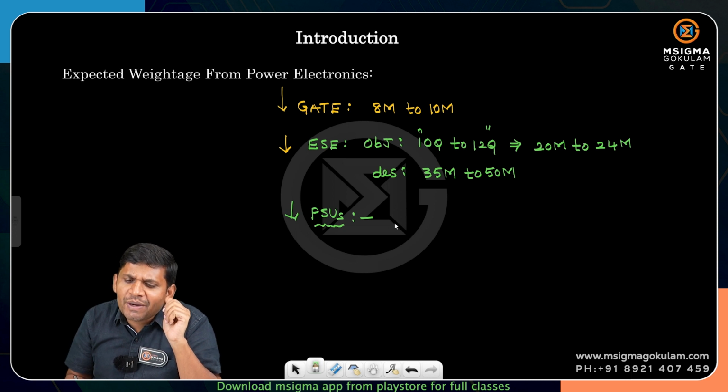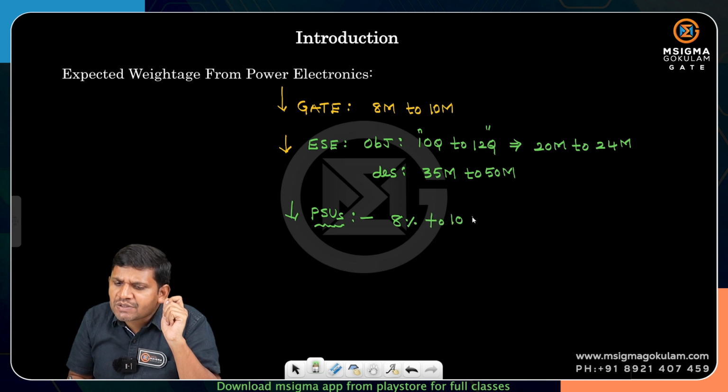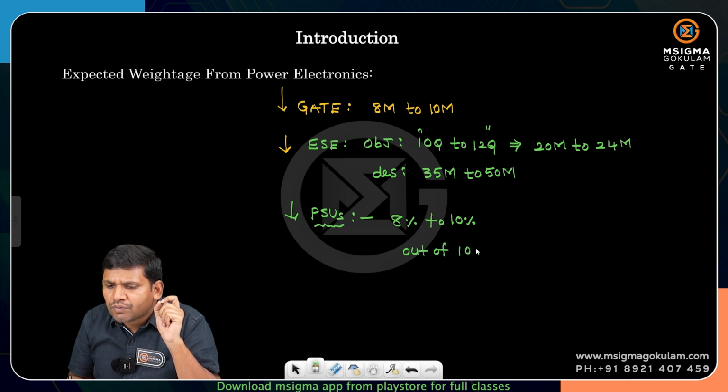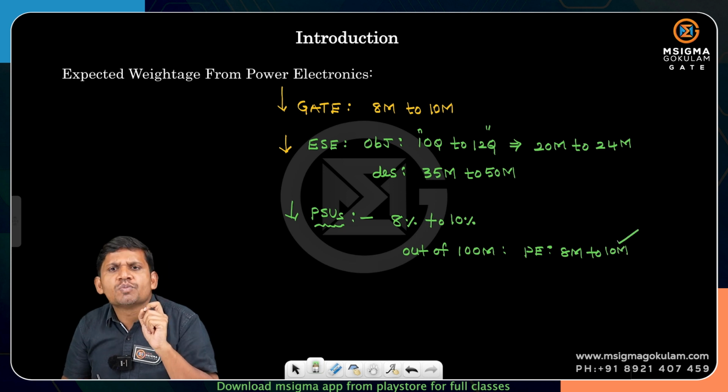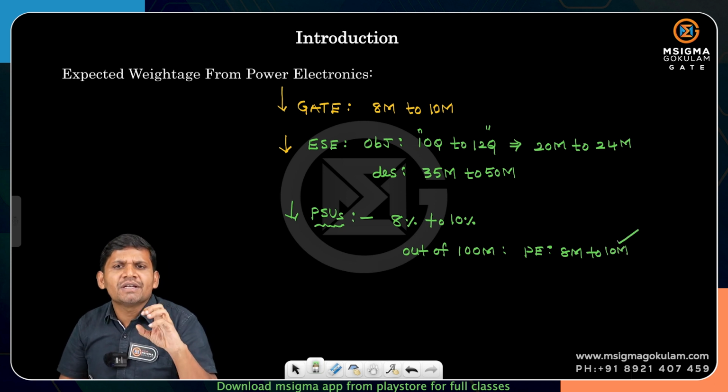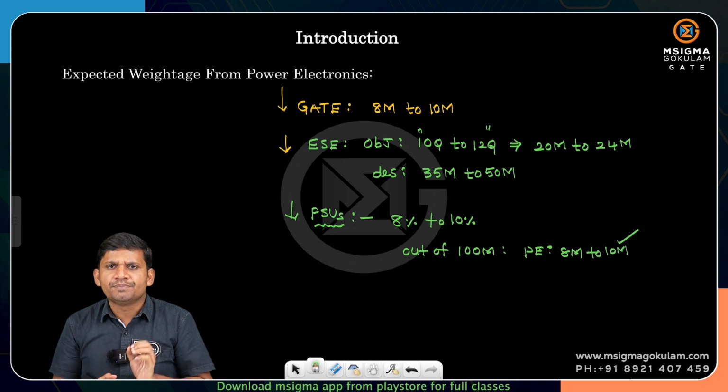Out of 100 marks, we can expect 8 to 10 marks, that is 8% to 10%, from power electronics. That is the minimum weightage we can expect in different competitive PSU exams, students. This is the expected weightage from power electronics.